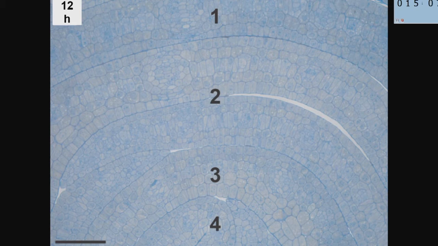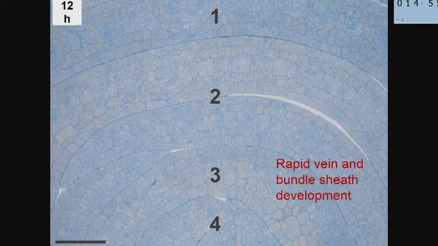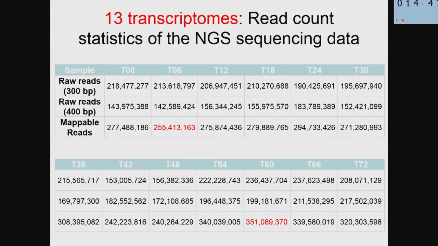But here you can see after 12 hours, some Kranz anatomy. Here is a vein, and surrounding that are the bundle sheath cells. So the conclusion is that the bundle sheath develops very rapidly in C4 plants.